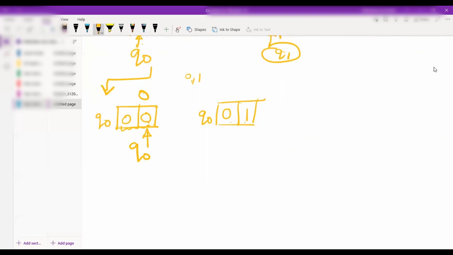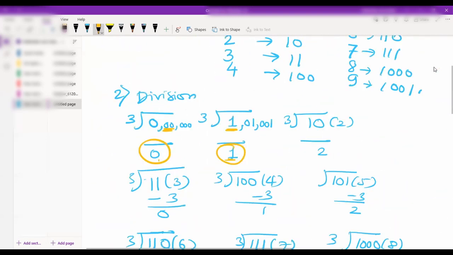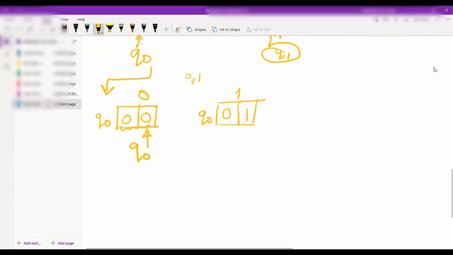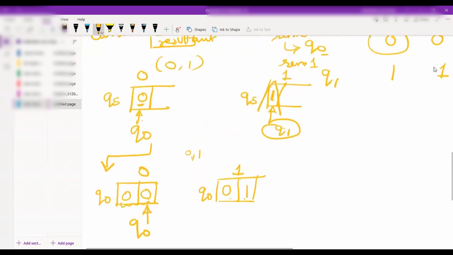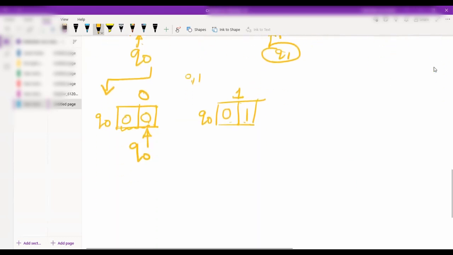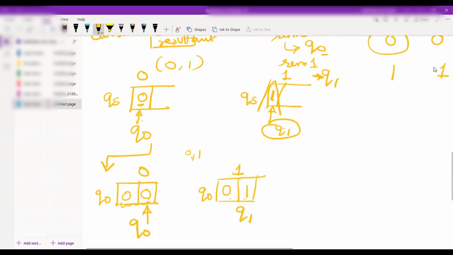Now here we are having 0, 1. So 0, 1 is nothing but the number 1. What was the case when 0, 1 or single 1 is divided by 3? We got remainder 1. So here we will write output as remainder 1. We have marked this condition, remainder 1, by the state Q1. So we will write the resultant state as Q1 here.